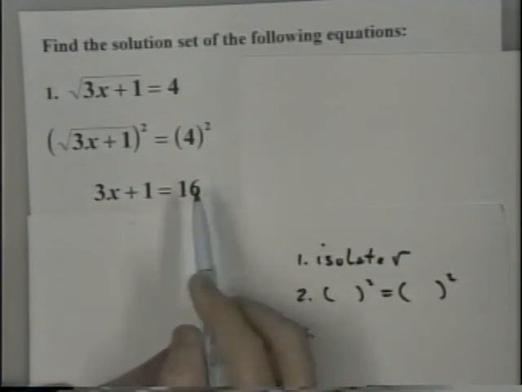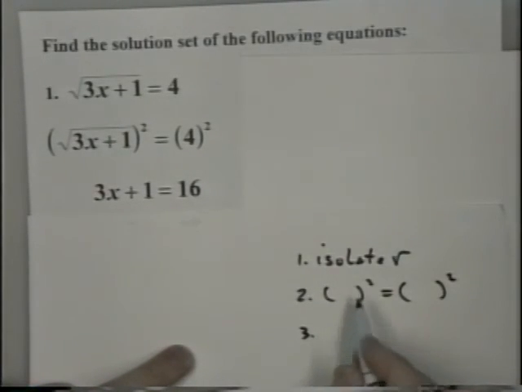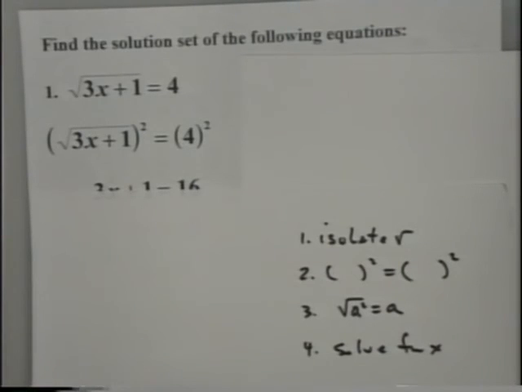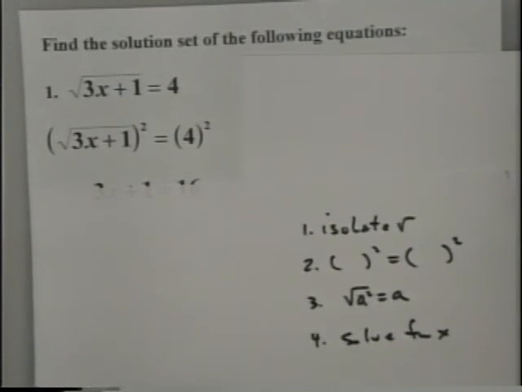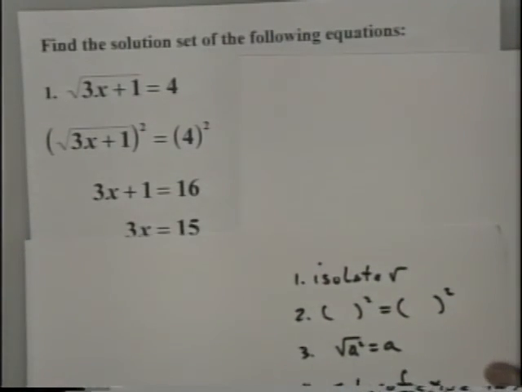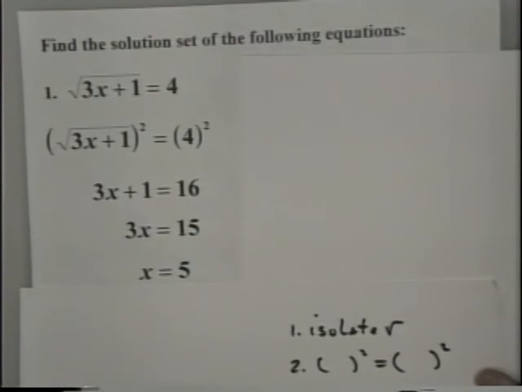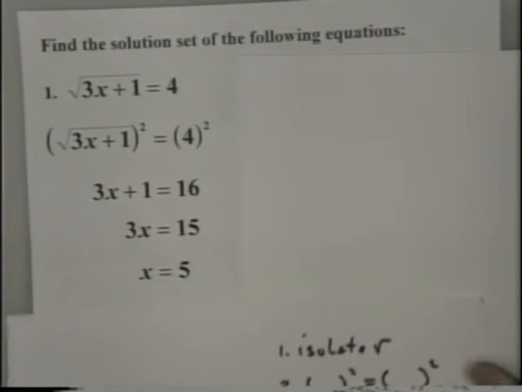In this case, a linear equation, and after using the fact that the square root of a squared is a, we just want to solve for x by whatever method is appropriate. In this case, it's just like the other one. Subtract 1 from both sides and then divide by 3. We get 5 again. Or do we?